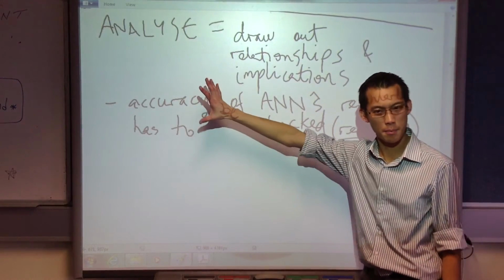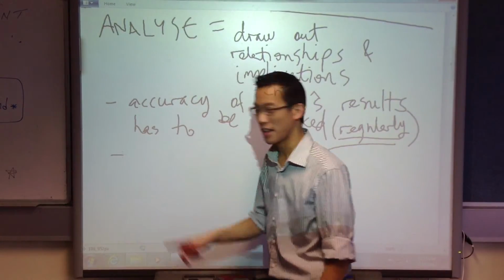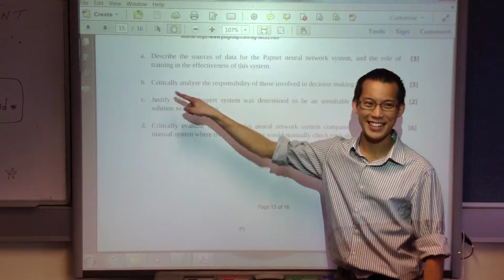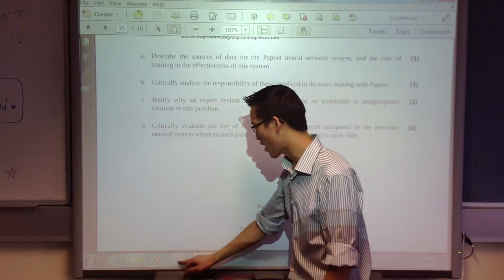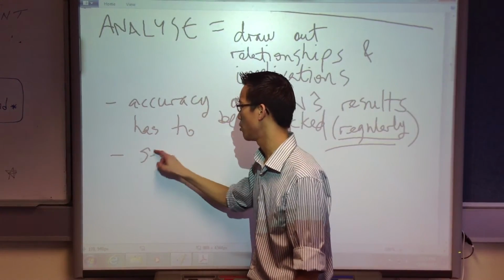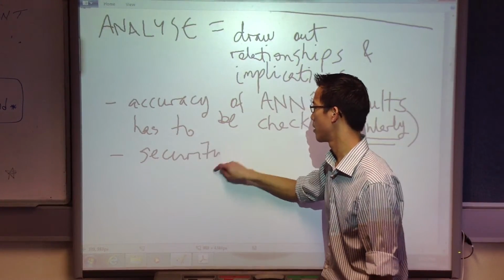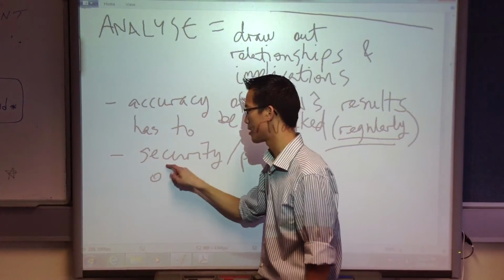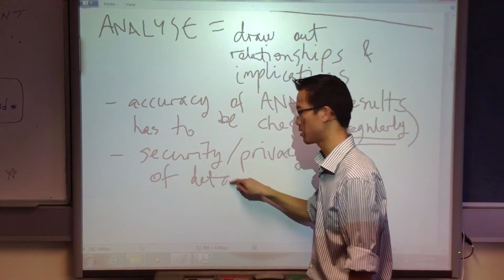Okay, now this was the big main point, okay? But there are a couple of other sub-points that I was looking for to show that you critically analyzed, okay? So what other kinds of decisions get to be made here? Things like the security or the privacy of the data. This kind of thing gets decided by the people who are running the system, right?